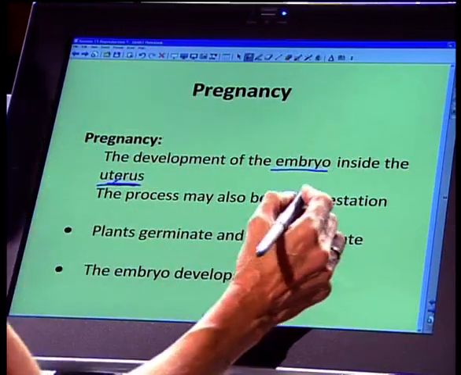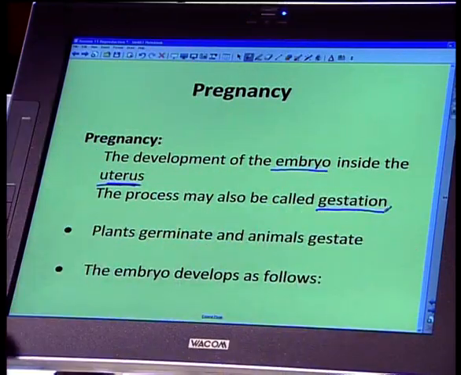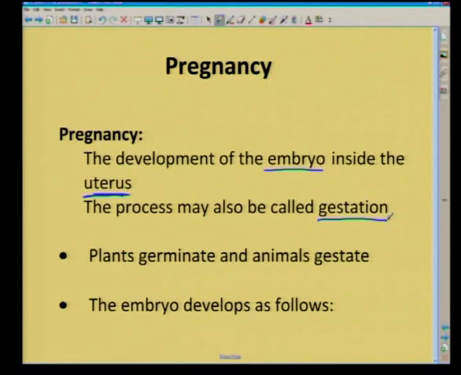This process is also called gestation, because gestation comes from it having to germinate. Germinate is generally for plants, gestation is for animals. It's only used for mammals. In plants, plants germinate; animals, our mammals, have gestation.